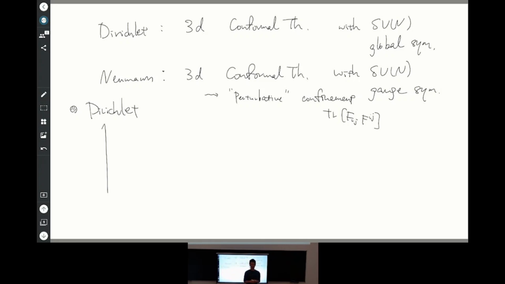AdS has a weird feature that area laws and perimeter laws are basically the same, especially if you put the Wilson loop near the boundary, because the metric takes this form, so you cannot really distinguish them.